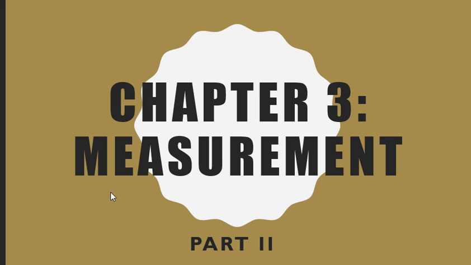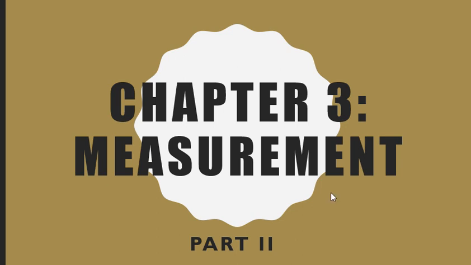Now, take note, measurement has two components. When you measure, your output must have a magnitude or number and also a unit. For example, 5 kilogram: 5 is the magnitude or the number and kilogram is what we call the unit.